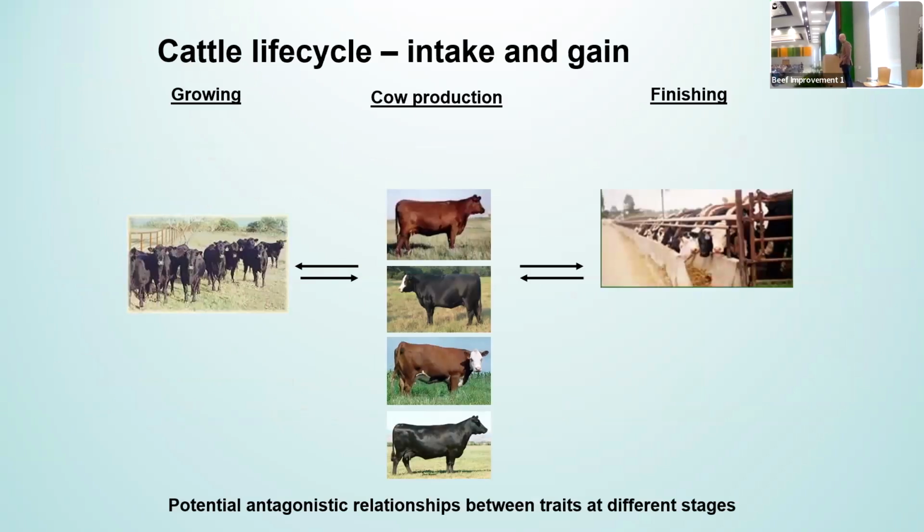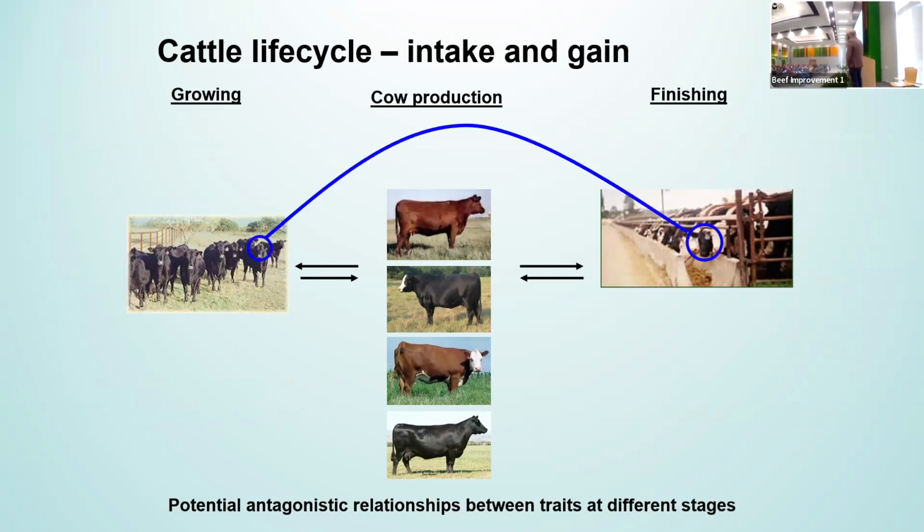So this is our efficiency picture overall, and if we think about life cycles, how we're selecting. We have animals here that are in the cow herd, that are growing, that become part of the cow herd, and we've got animals that are finishing. And if we think about the connection between those, we might have an abstinence in each of these groups that are connected to each other. One of them's eating grass, one of them's eating corn, right?